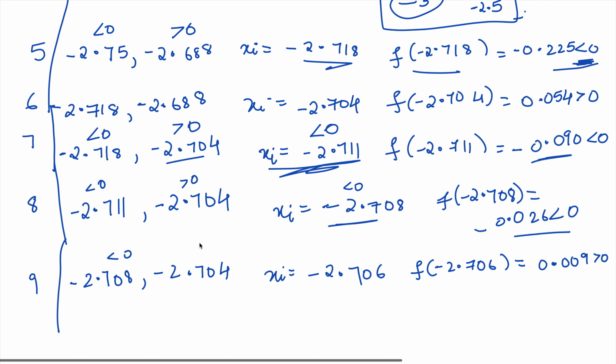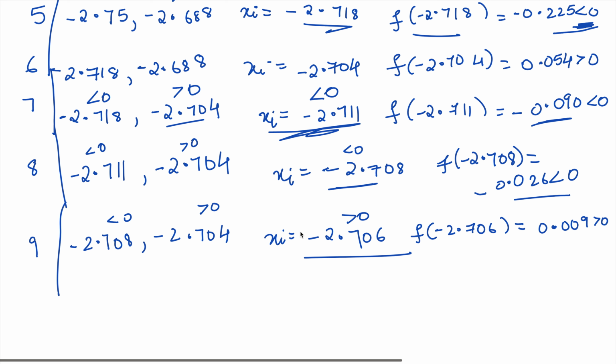So this was less than 0, this was giving us greater than 0, and this is again giving us greater than 0. So this value will for sure be included in our next interval. Along with this, we will take something which is giving us less than 0, right? That is -2.708, -2.706.